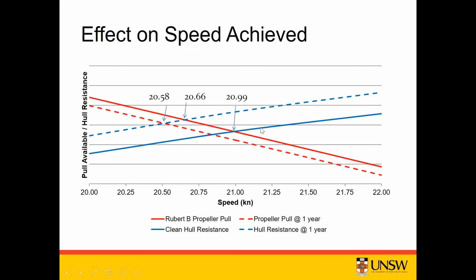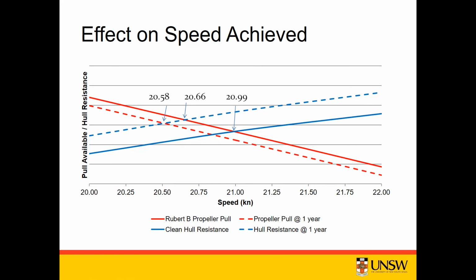And this is the clean hull resistance here, and the vessel was able to achieve 20.99 knots with clean propeller, clean hull. This one here was with the clean propeller and the hull resistance 1 year out of dock. So it dropped by, looks like, 0.33 of a knot. And then if you have a fouled propeller and the fouled hull, it drops down to 20.58 knots.